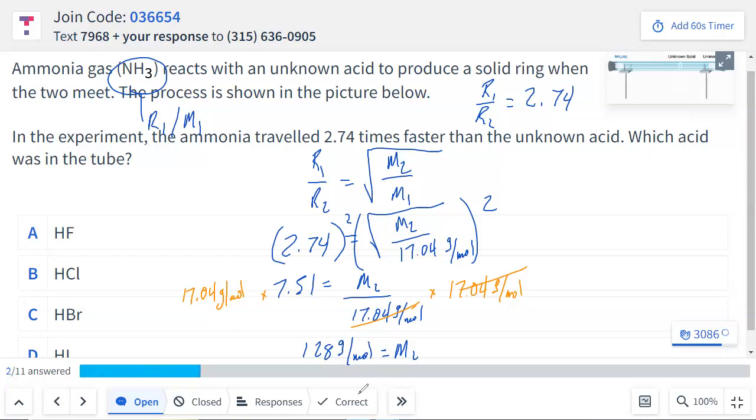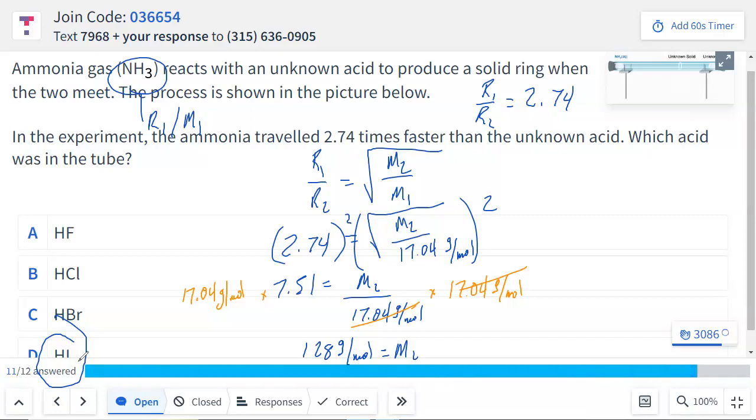Hydrogen is going to be one of those grams, which means I need 127 grams for the other element. I look at my options. Iodine, 126.9. That's pretty close, certainly close enough. So we're looking at hydrogen iodide, HI, here as my acid.